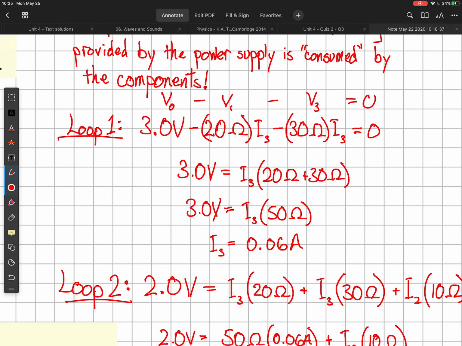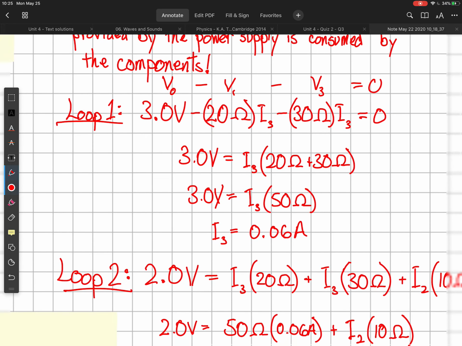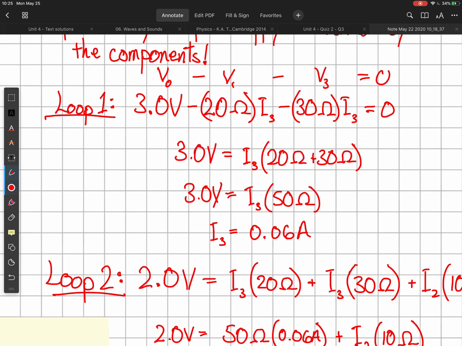So we start plugging in values and we can solve for current. Now I looked at the solution in the test yourself answers folder, and it's a little bit different than the one I use. Either way is fine. In both cases we get to the same answer.